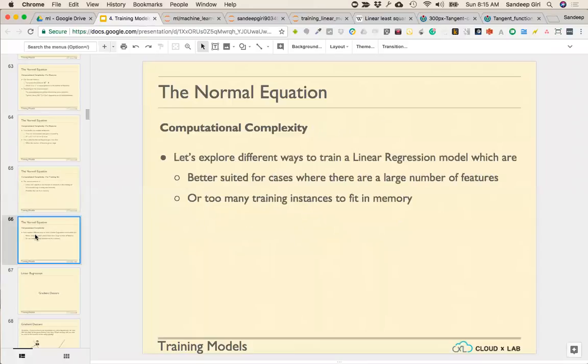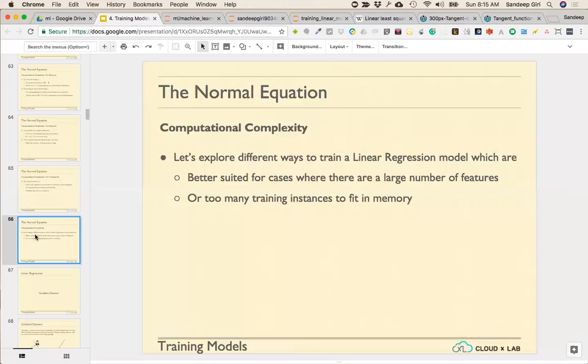So let's explore different ways to train a linear regression model, which are best suited for the cases where there are a large number of features or too many training instances to fit in the memory. So the normal equation is where we computed the differential of error, equated it to 0, and computed those beta 1 and beta 2, or theta 1 and theta 2.